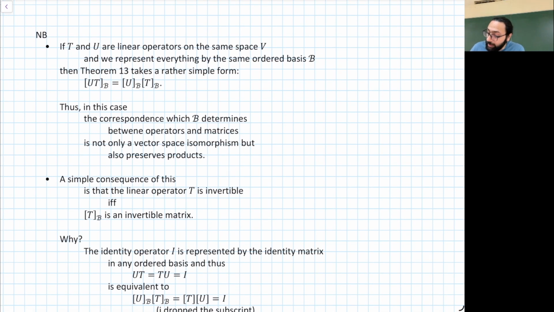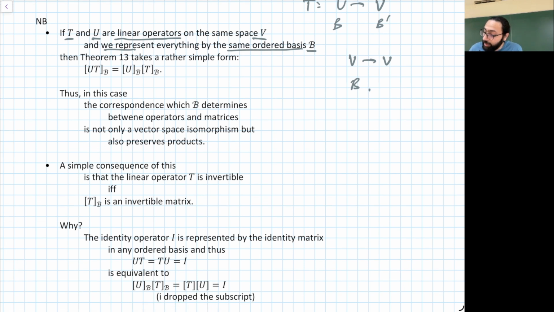The first note says that if T and U are linear operators on the same space V, we represent everything in the same ordered basis B. This we already mentioned, right? Earlier T was going from U to V and we had bases B and B prime, but when it's going from V to V, we use the same basis B. And then the theorem can be written much more simply.